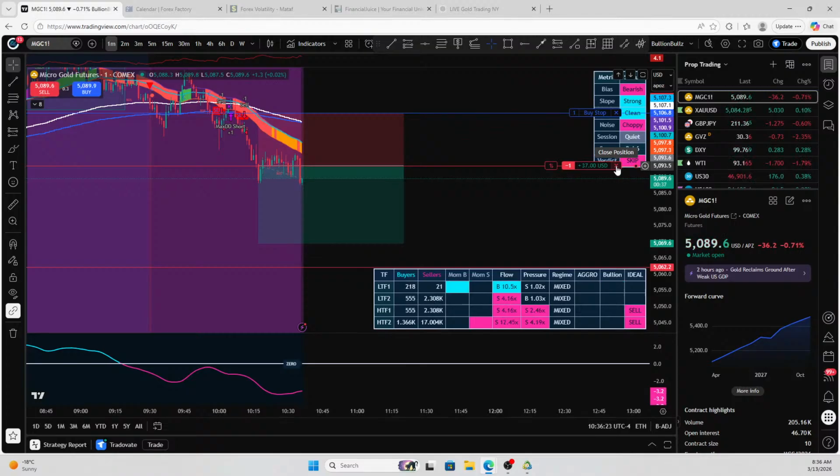Yeah, pressure is building up. But yeah, it's a low probability day today because the conditions are not ideal for high probability setups today.